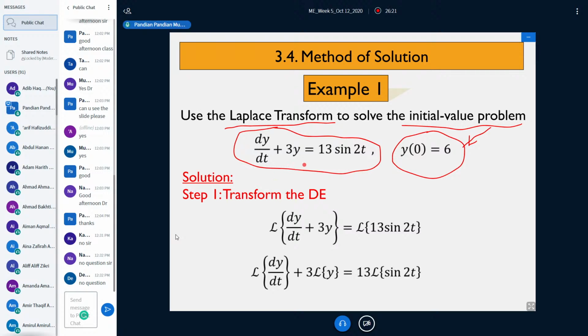Now, you already solved this problem, class. Just to let you know the background, this dy/dt + 3y = 13 sin t can be solved under chapter 1, because this is a linear constant coefficient first order differential equation. First order. You can use the integrating factor.